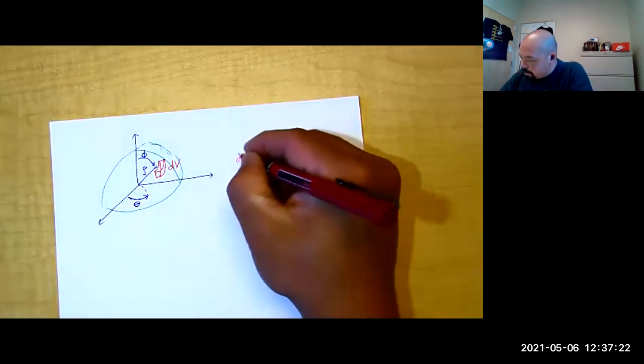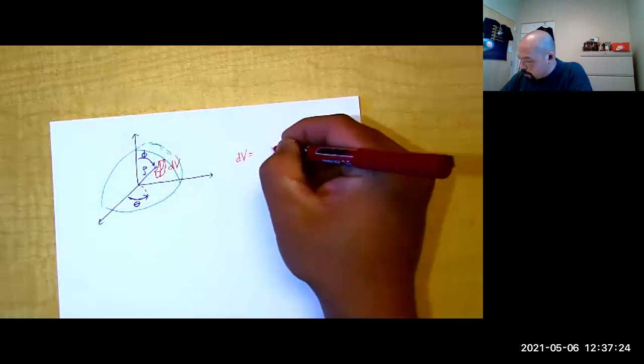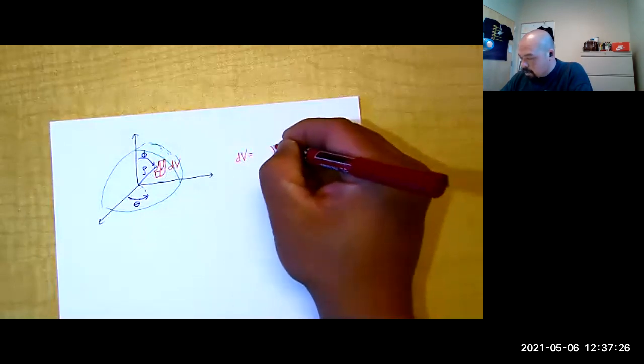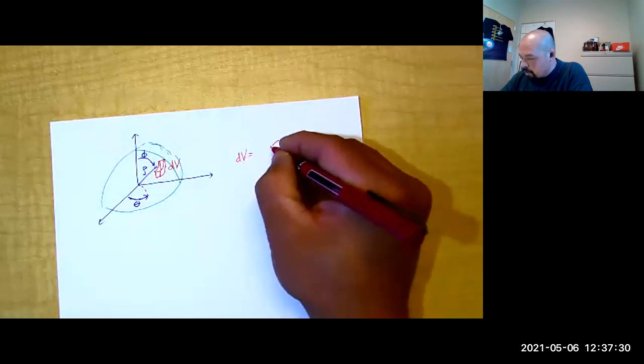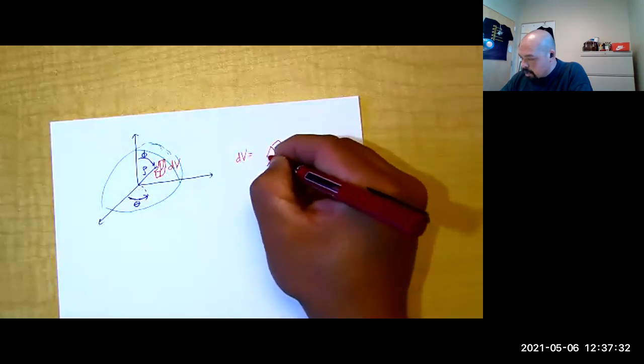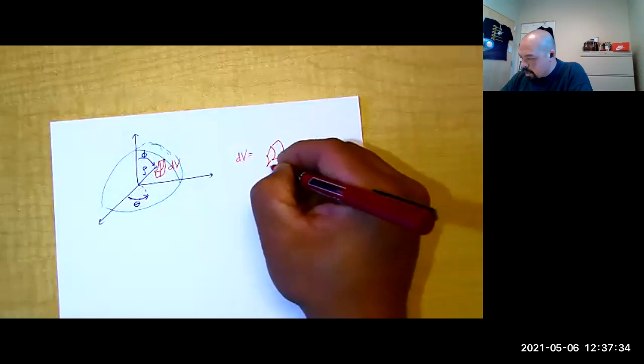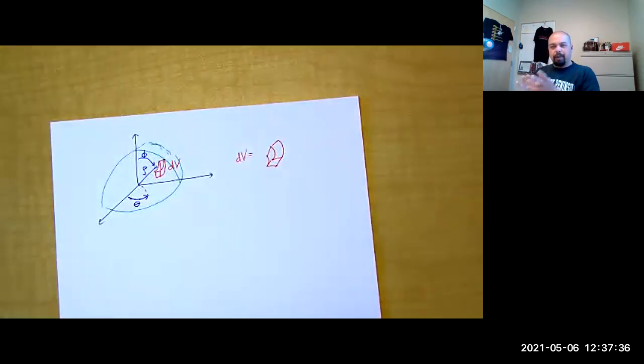Okay, so that dV component, arcing this way, as we saw before. Again, I know it's a little bit cumbersome here.